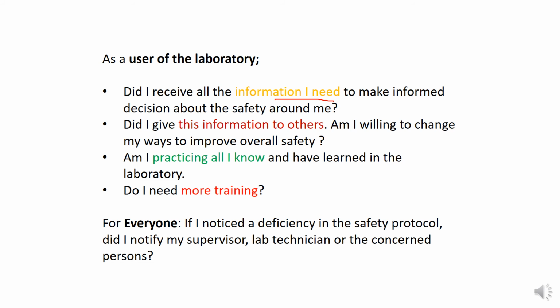If not, what should you do? Secondly, did I give this information to others who are working, so they also have it? If not, you can ask him or her. I am also willing to change my ways to improve overall safety. This is really very important.